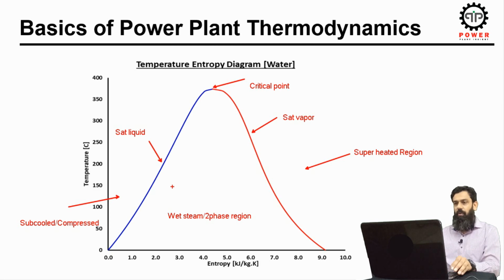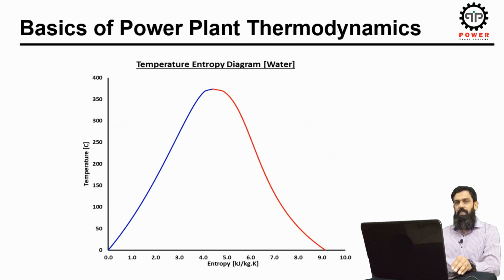Now let's have an overview of the isobaric, isothermal, isentropic lines and steam quality lines over this temperature entropy plot. The isobaric lines are those lines in which the pressure remains constant throughout the process. In the temperature entropy plot, isobaric lines follow this type of pattern.